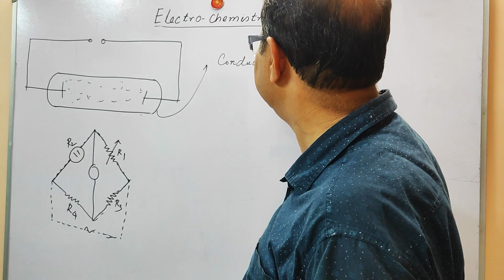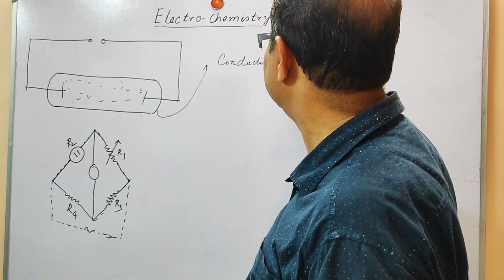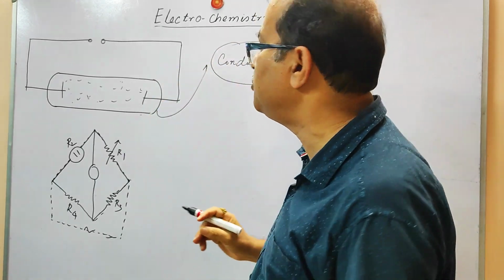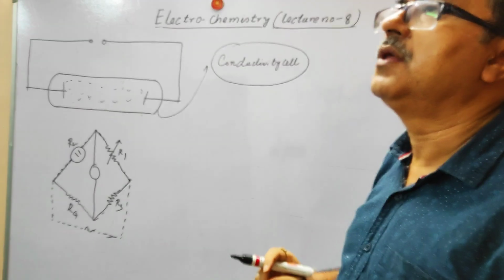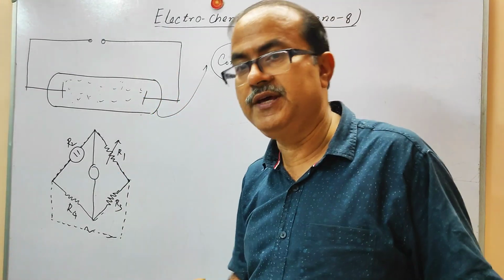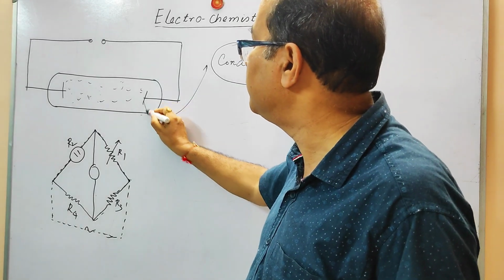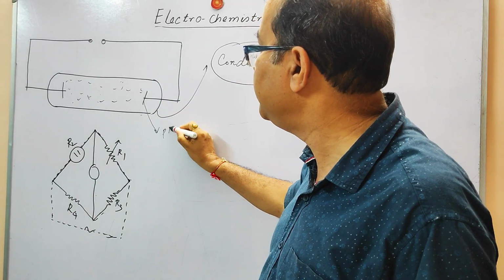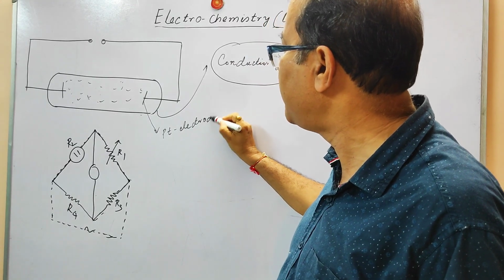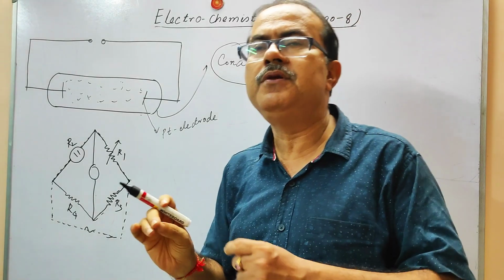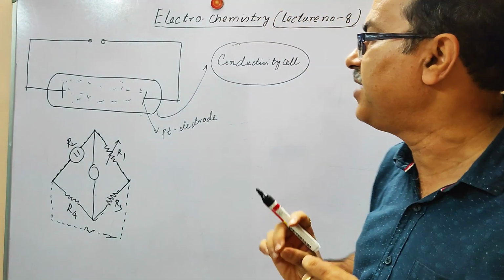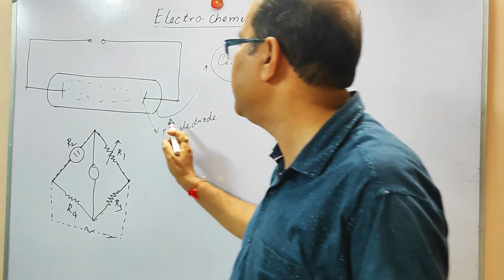The ionic solutions whose resistance we have to measure, we have to put here. And there are two electrodes, you can see. These are platinum electrodes, and they are plated with finely divided platinum.